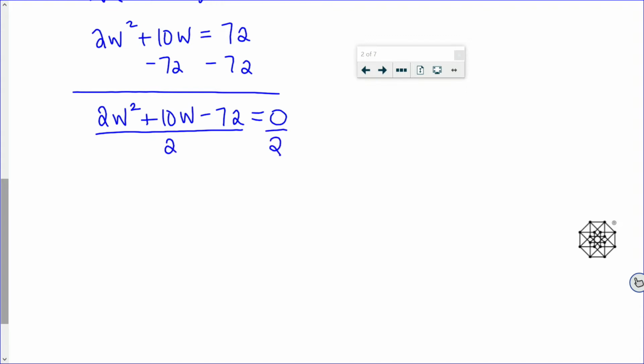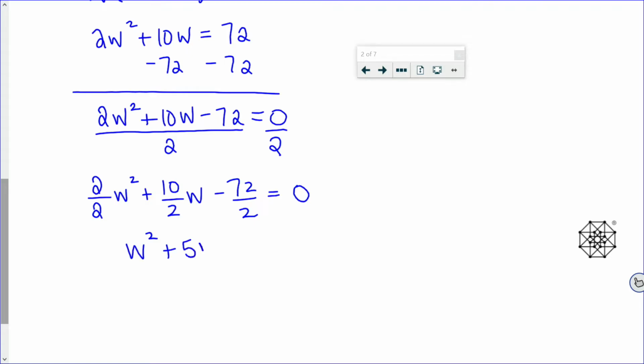And remember, you have to distribute the division. So I have 2 divided by 2 times w squared plus 10 divided by 2 times w minus 72 divided by 2, and 0 divided by 2 is 0. This then results in w squared plus 5w minus 36 equal to 0.